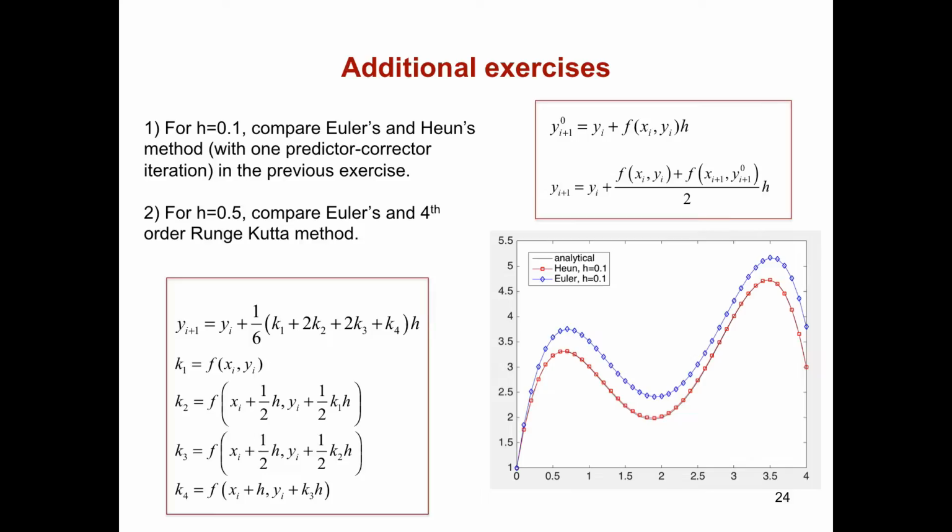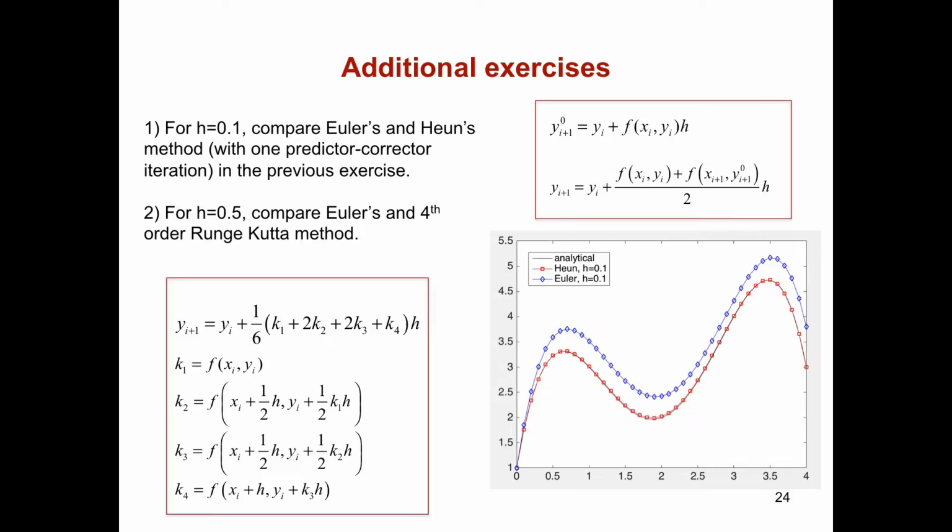So I want you to program these two methods. Maybe you want a separate routine for Heun and a separate routine for Runge-Kutta. Call it however you want. And I want you to execute those two, and compare Heun with h is 0.1 with Euler for h is 0.1. Okay?